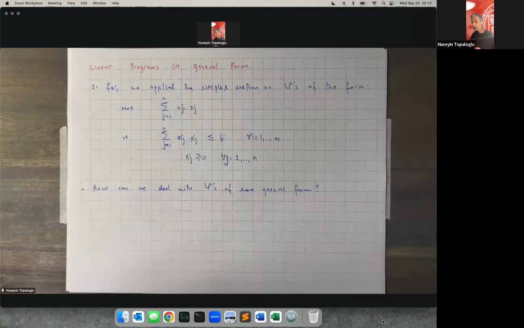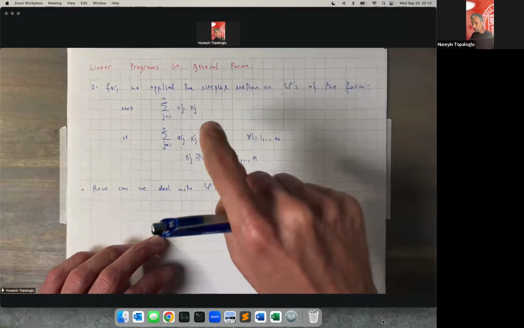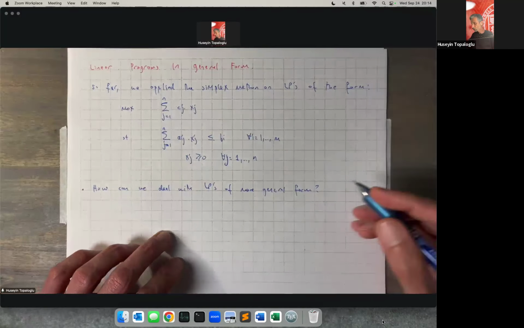And the answer to that is, it turns out any linear program of any general form can always be turned into this form: maximizing an objective function subject to less than or equal to constraints with greater than or equal to 0 decision variables.